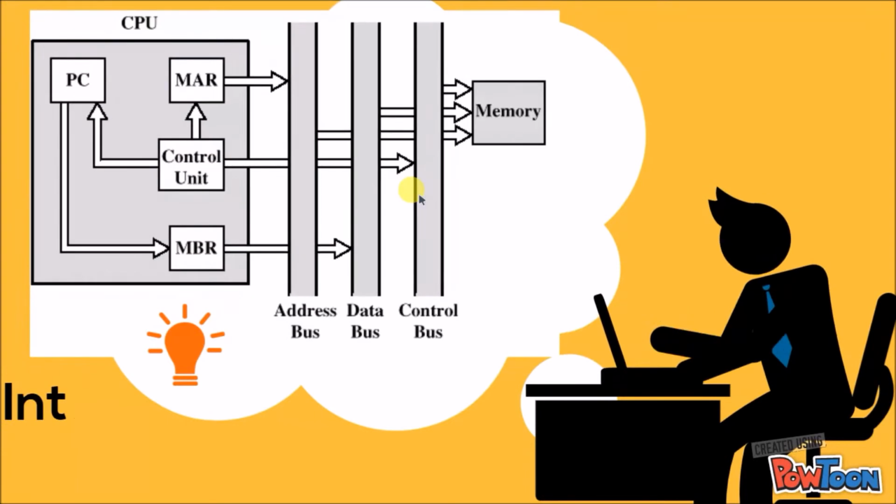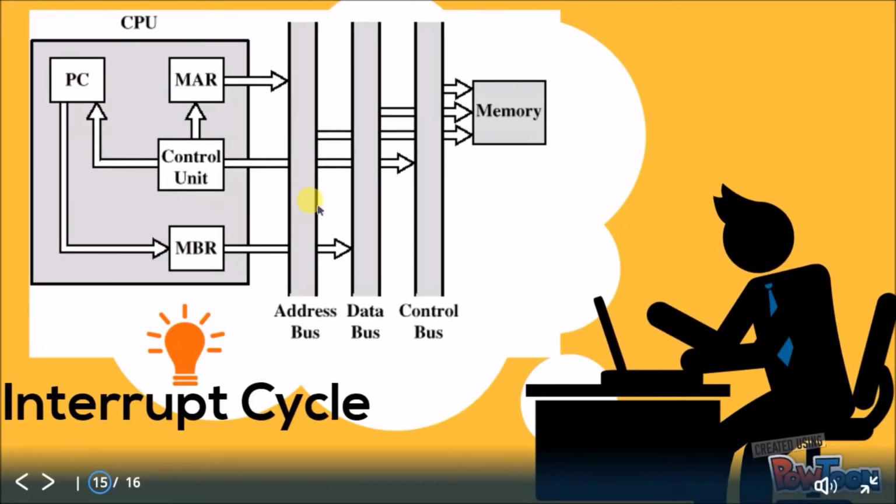Okay, next, lastly, the data flow in the interrupt cycle. This figure shows the flow of data in the interrupt cycle. The processor can resume the normal activity after the interrupt, but the current content of the PC must be saved first.